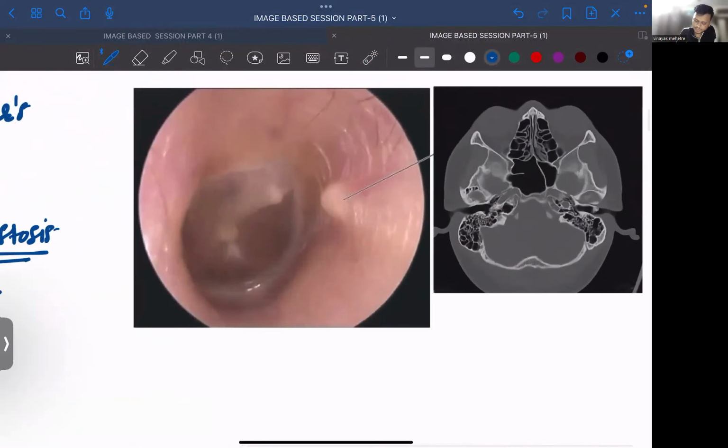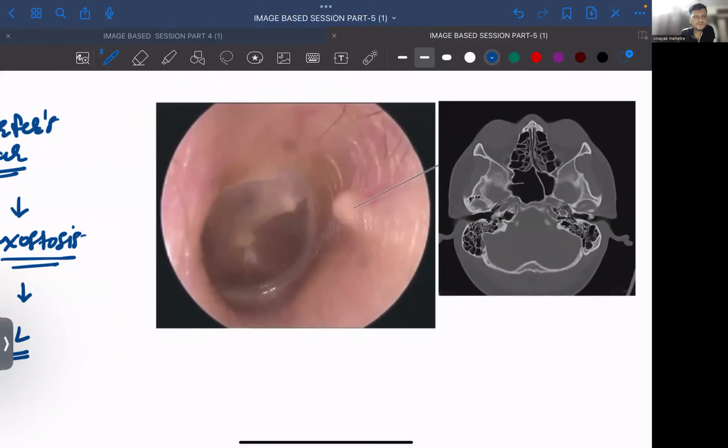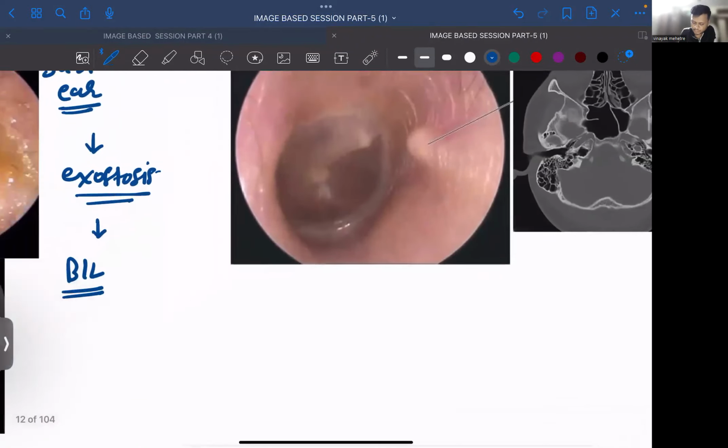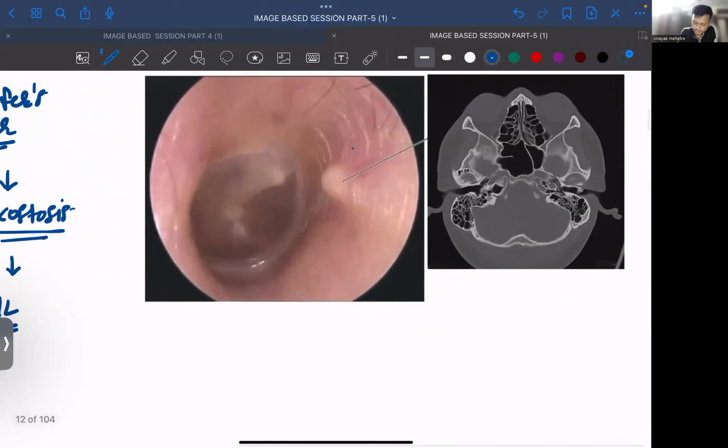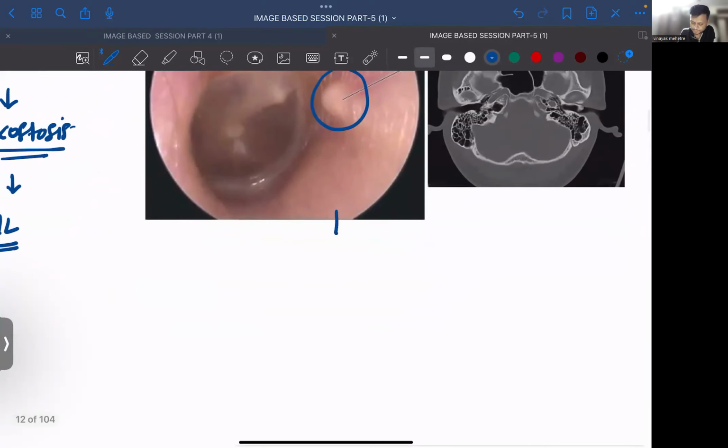Then there is one more image. Remember, if you see a bony outgrowth, that too single and unilateral, it is called osteoma.